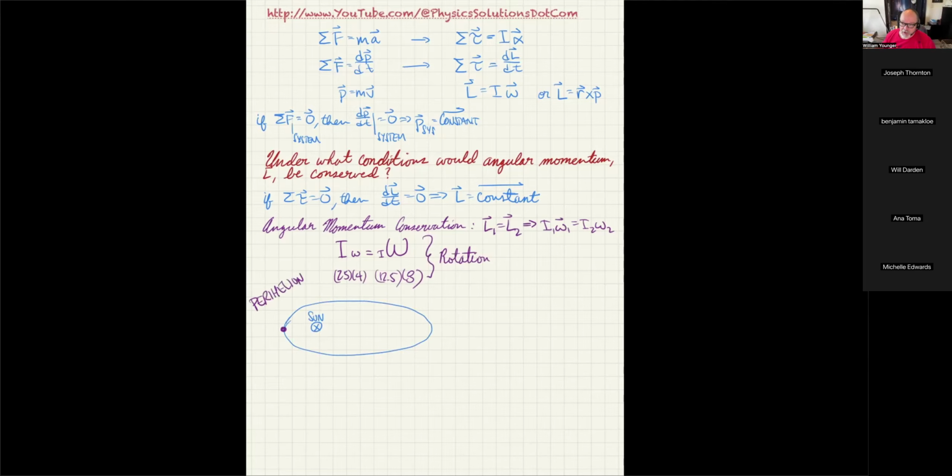But since it's orbiting Helios, our sun, it's perihelion. And this distance right here is called r perihelion, which I'll say r sub ph. And the velocity that it has right there is called v perihelion.